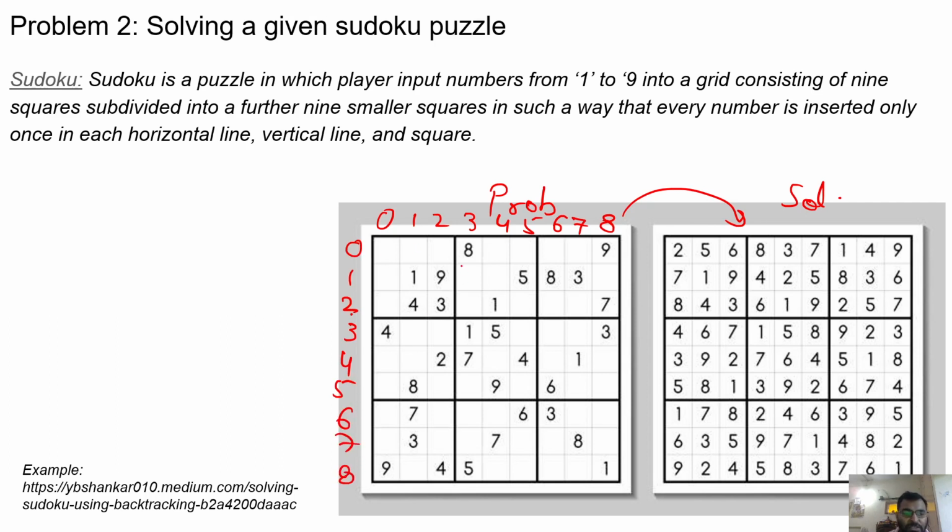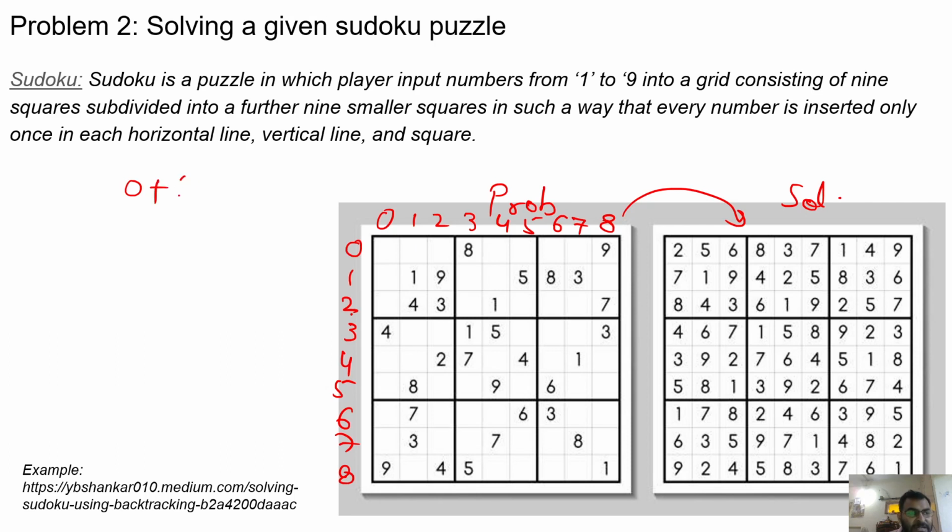And for the box, if we are starting with 0, then for this particular box, we will be iterating.